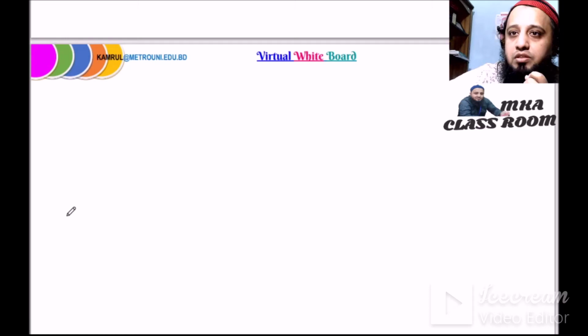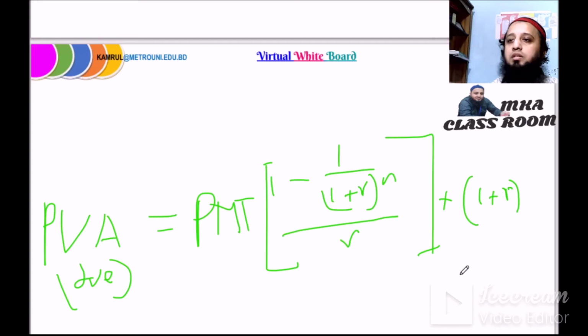PVA due equals PMT into 1 minus 1 divided by 1 plus r power n, divided by r, into 1 plus r.